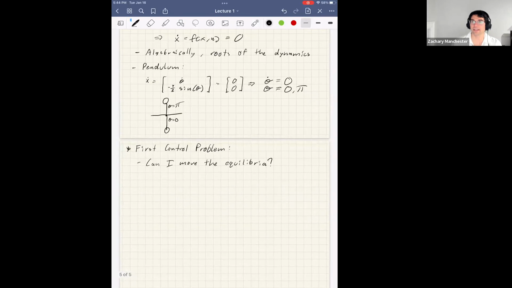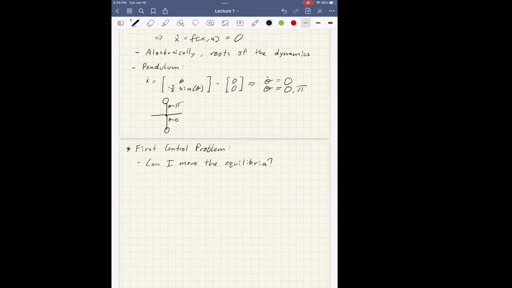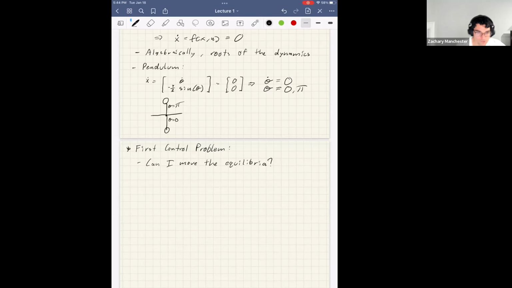What do you think? We can, by applying some input. Yeah, that's exactly right. So what I'm going to ask now is let's try to put it at, say, pi over 2. Let's try to put it straight out here.